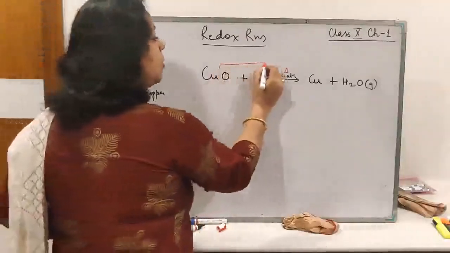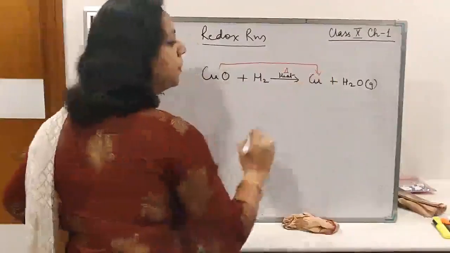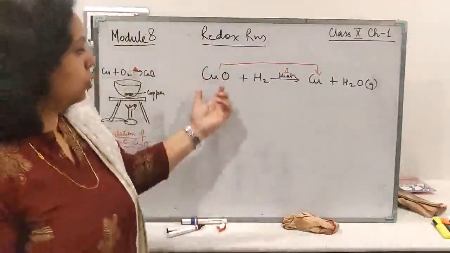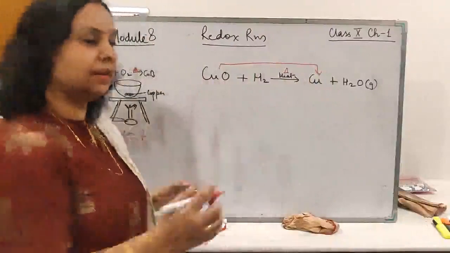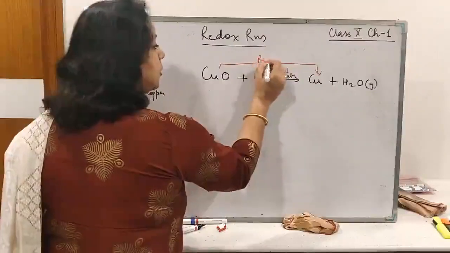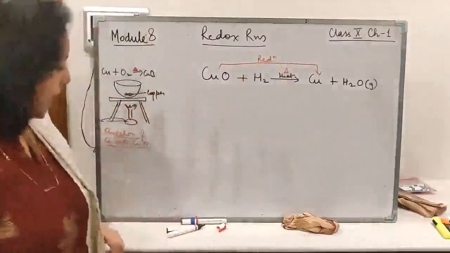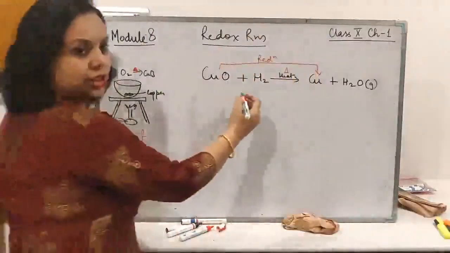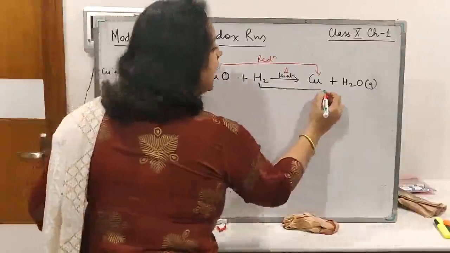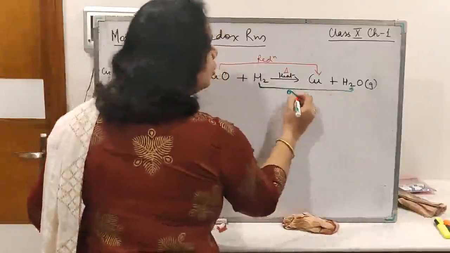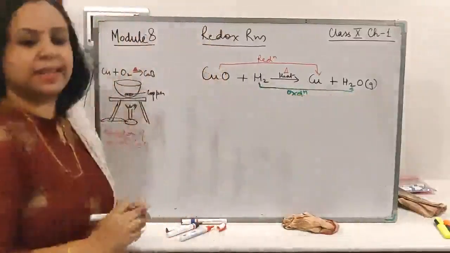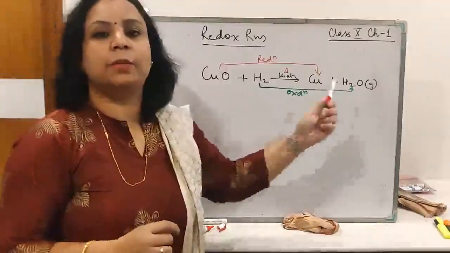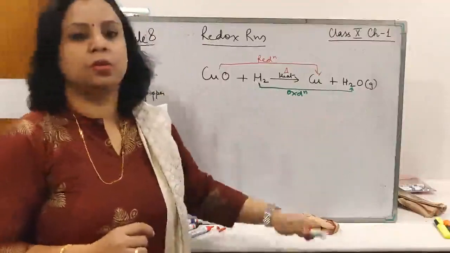We are removing oxygen from copper oxide to form simple copper. So what is happening over here? Reduction. And in hydrogen, oxygen is being added. So we say that oxidation is taking place in hydrogen to form water.